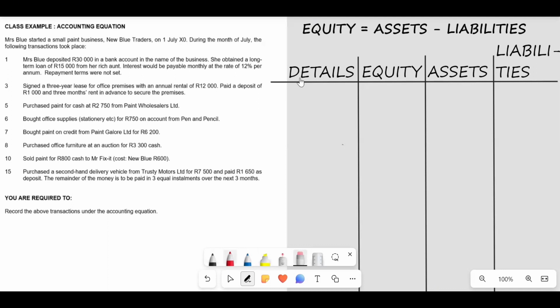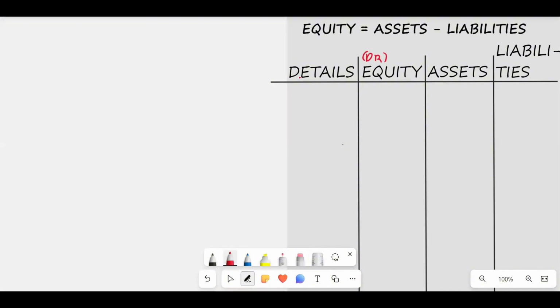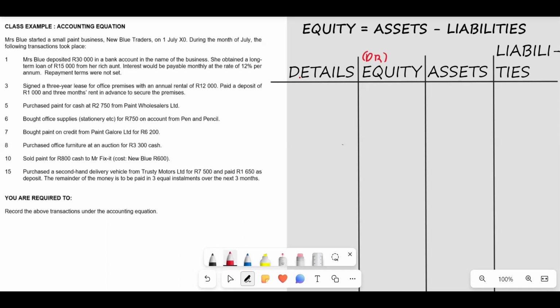After this, everyone will master this topic. You can trust me. So equity will decrease on the debit side and increase on the credit side. Assets will increase on the debit side and decrease on the credit side.